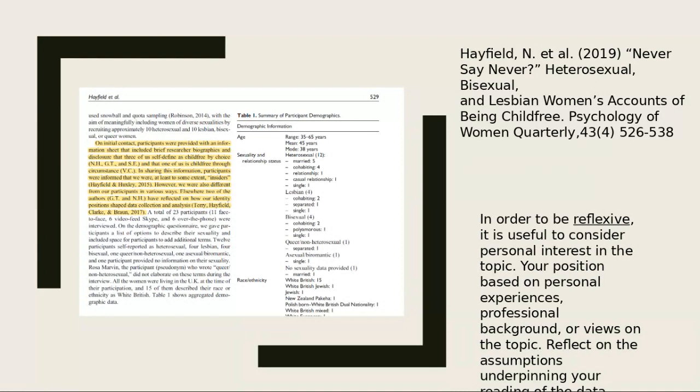And here I highlighted how they present this. They said, on initial contact, participants were provided with an information sheet that included brief researcher biographies, so that's the professional backgrounds, and disclosure that 3 of us self-define as child-free by choice, and they say who with their names, and that 1 of us is child-free through circumstance.